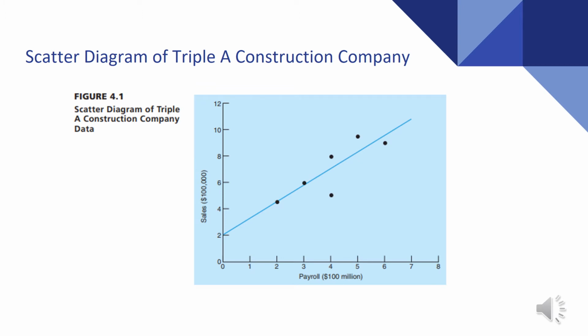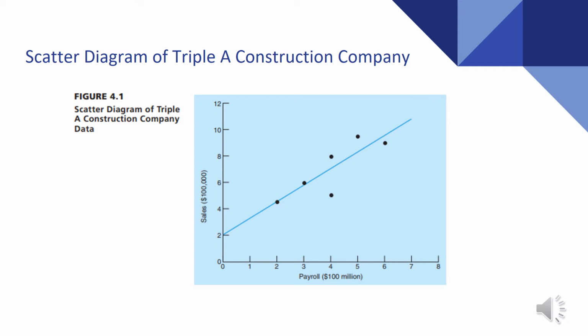So based on the given data on area payroll and sales, we are now going to plot it in a graph. And this is what the scatter diagram would look like. So as you can see, payroll, which is our independent variable, is plotted on the x-axis, while sales, which is our dependent variable, is plotted on the y-axis.